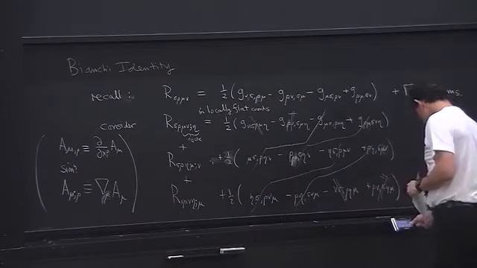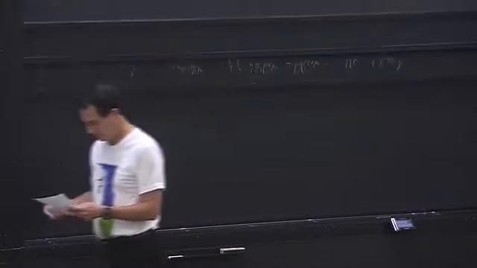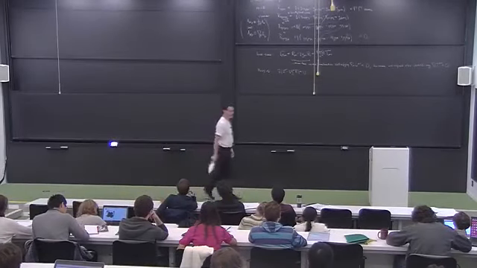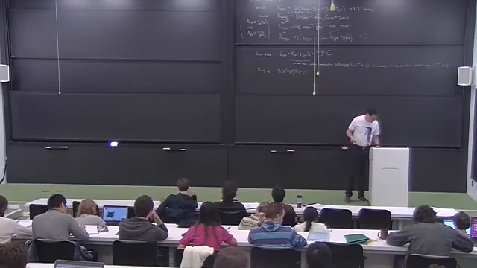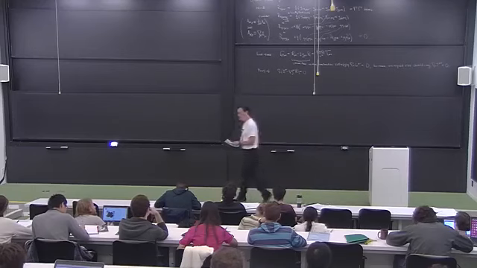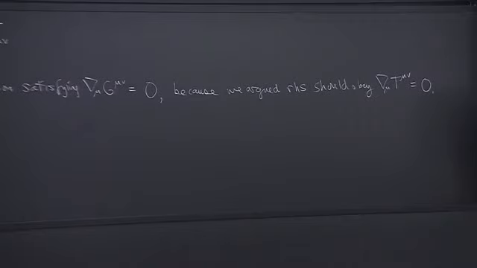So first, we only proved it in locally flat coordinates, but that's good enough because any tensor equation which is good in one coordinate system is good in any coordinate system. We only proved it at one point, but if it's true at one point, it's true at every point. So, nice argument.